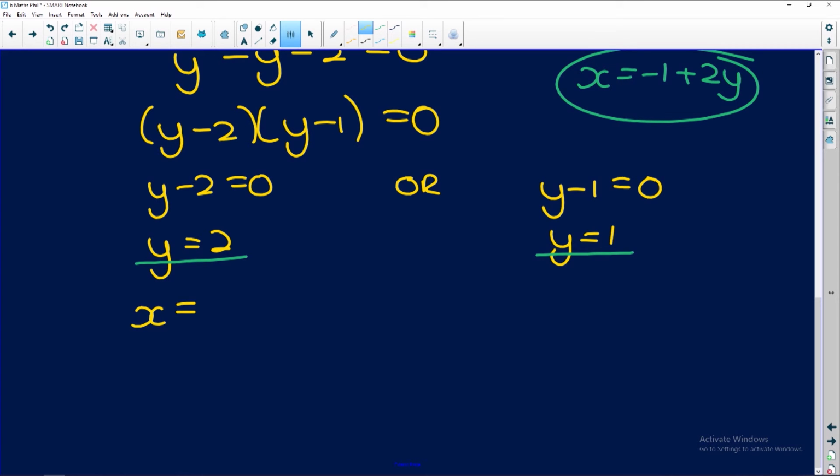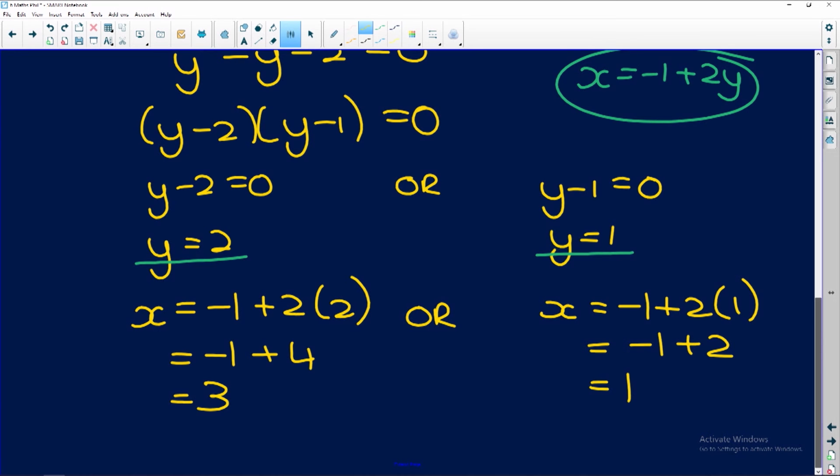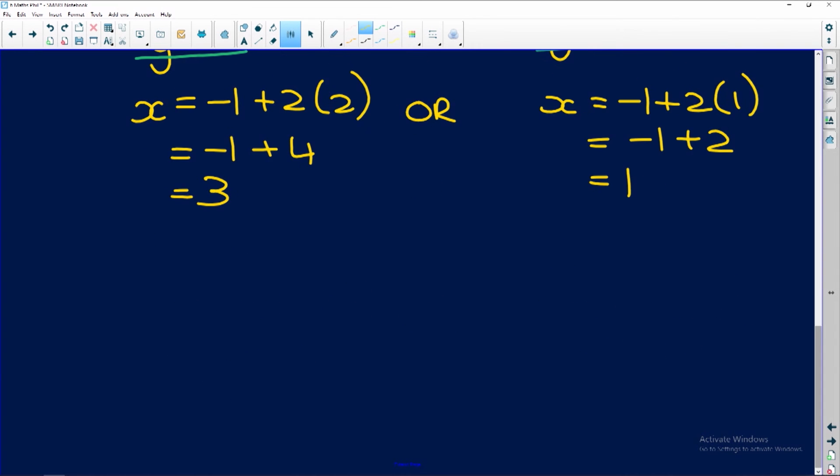So x is equal to -1 plus 2 multiplied by 2, which is -1 plus 4, which is equal to 3. Or x is equal to -1 plus 2 times 1, which is -1 plus 2, which is equal to 1.